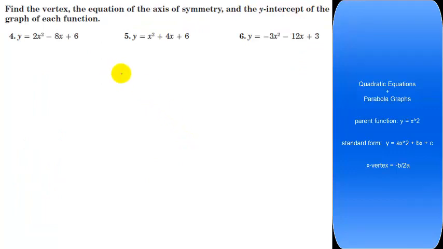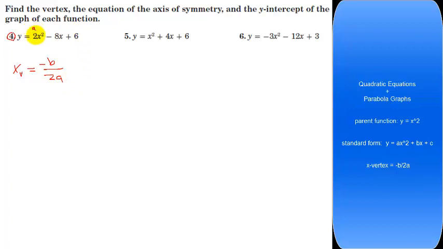Alright, next set of examples says find the vertex, the equation of the axis of symmetry, and the y-intercept. Okay, we don't have to graph these, luckily. So to find the vertex, we remember, let's do number 4. We remember that the x-coordinate of the vertex is negative b over 2a. That's our formula. So we need to be able to identify a, b, and c.